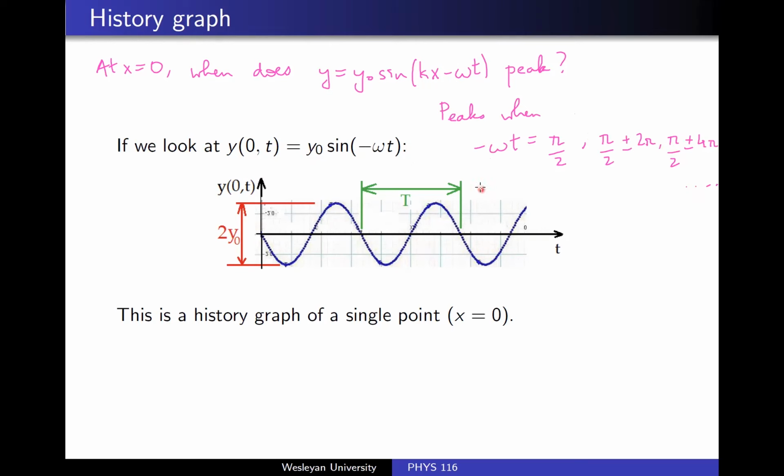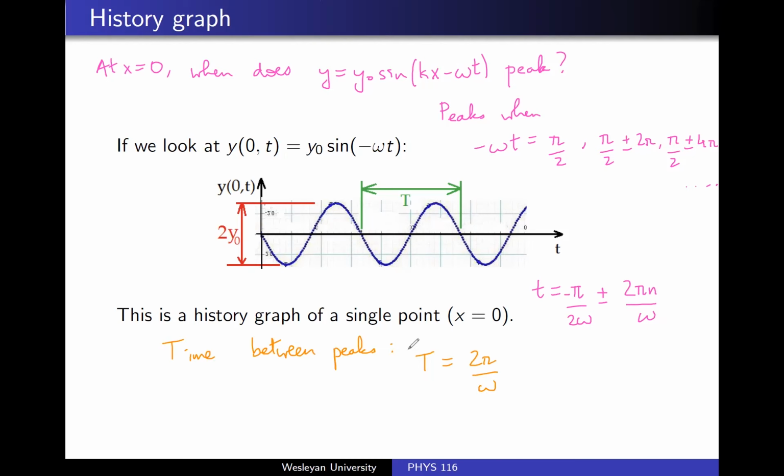The peaks in this case will occur when minus omega t is equal to either pi over 2 or pi over 2 plus or minus 2 pi, pi over 2 plus or minus 4 pi, and so on. We can rewrite this as t equals minus pi over 2 omega plus or minus 2 pi n over omega, where n is any integer, positive or negative.